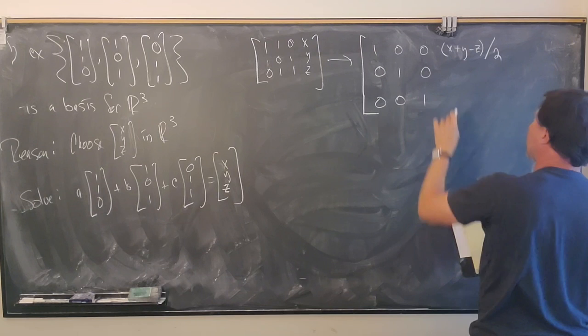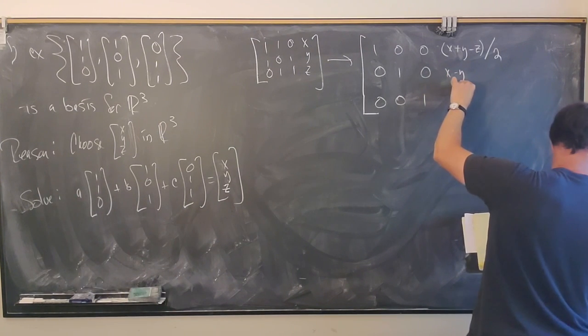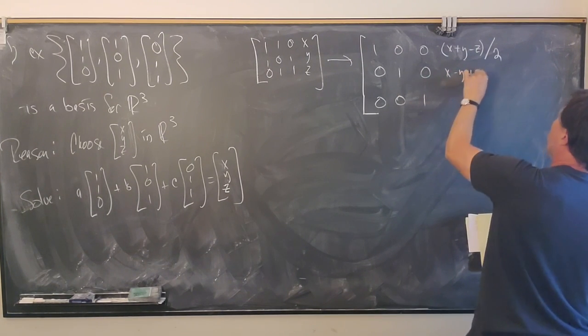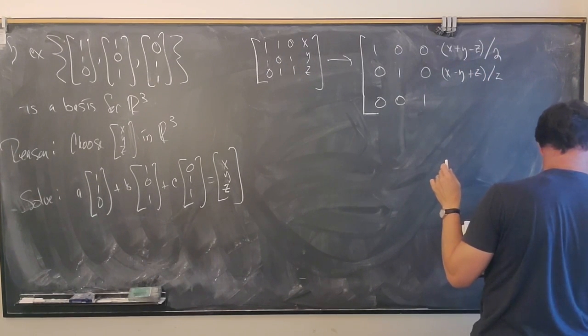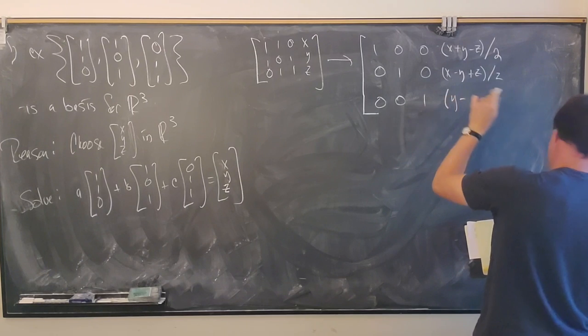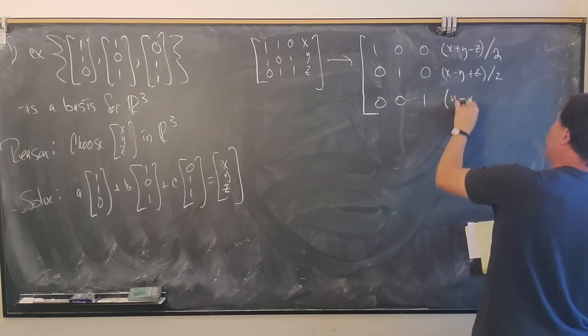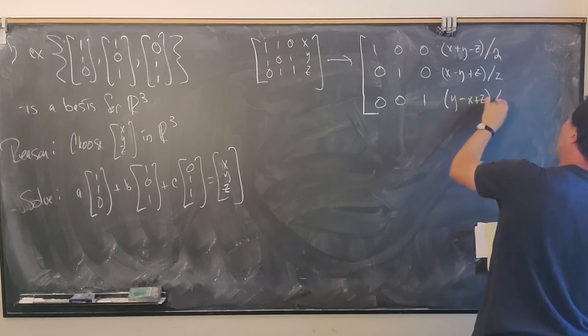And then the next one is x minus y plus z all over 2. And the last one, y minus x plus z all over 2.